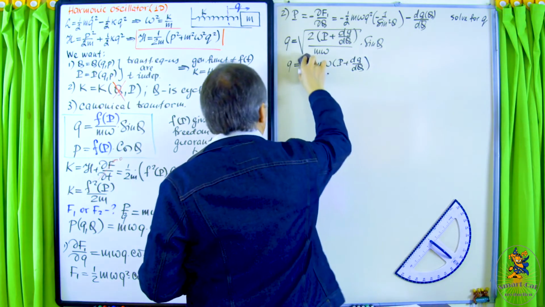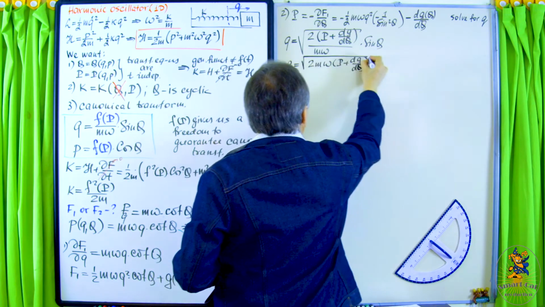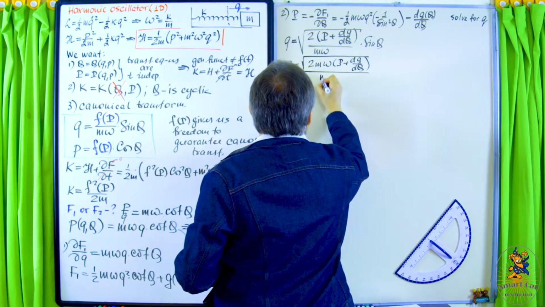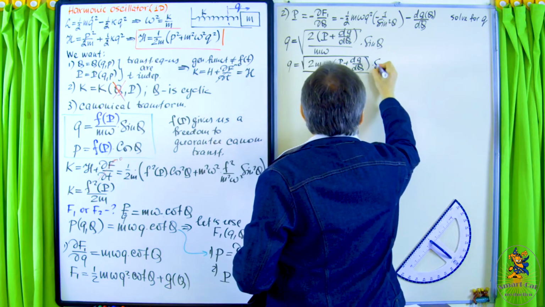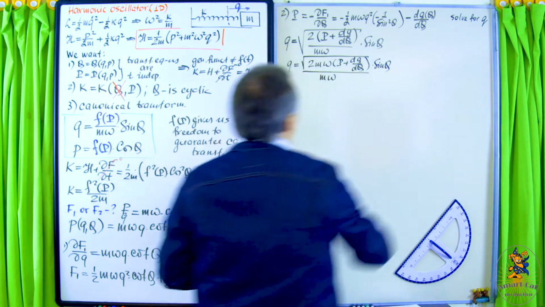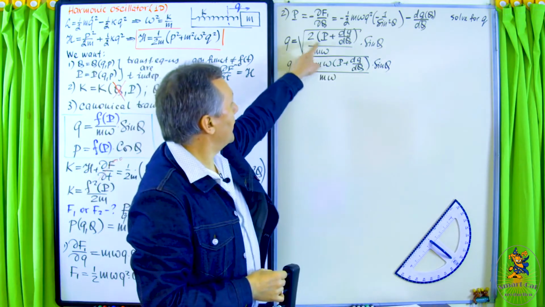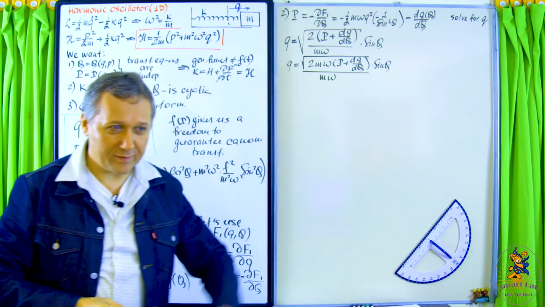Okay, this is too big. Let me make it smaller. And downstairs will be m omega, and sine q. So pretty much I multiply under the square root by m omega and divide by m omega. You will see why in a second.